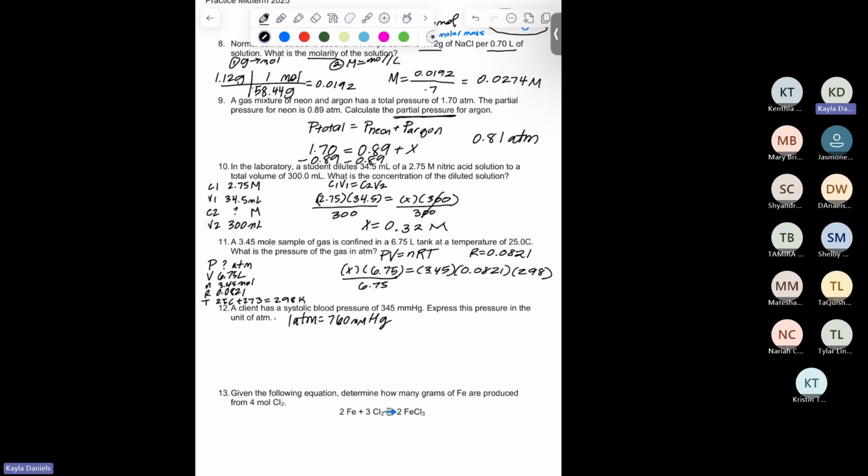Solve for X. Plug the rest of this into my calculator, and then I got 12.5 atmospheres. Any questions?